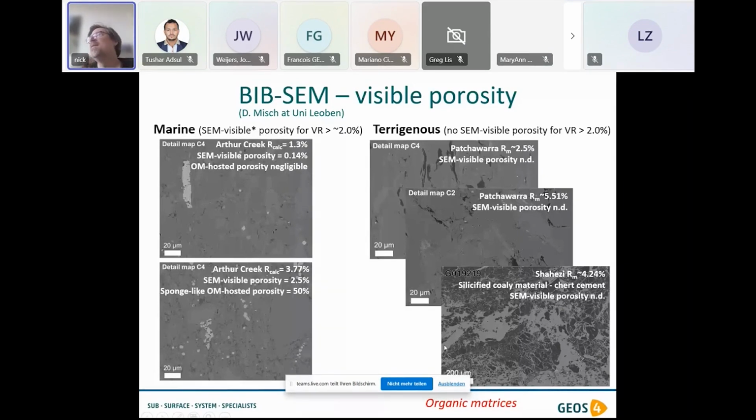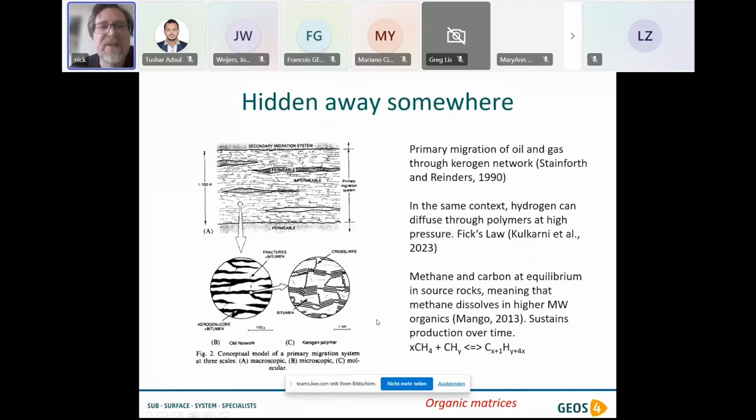So the microporosity is rather low in marine shales compared to coals. This microporosity might be critical in explaining the cloaked presence of this hydrogen in the subsurface.